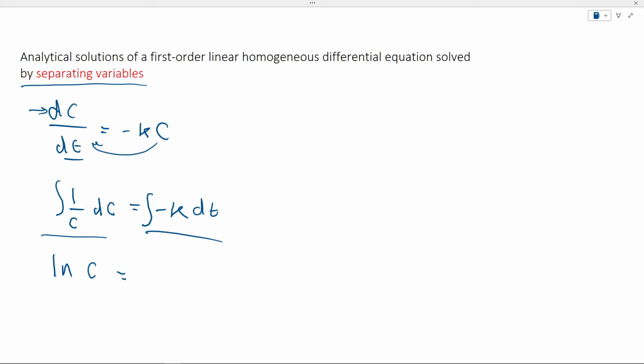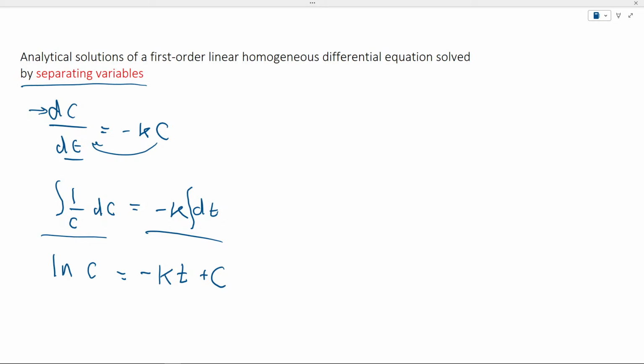And the integration of this side: negative k is a constant, so I can take it out. And the integration of 1 dt is t. And then am I forgetting something? Remember, this is an indefinite integral, so I need to put a constant here.